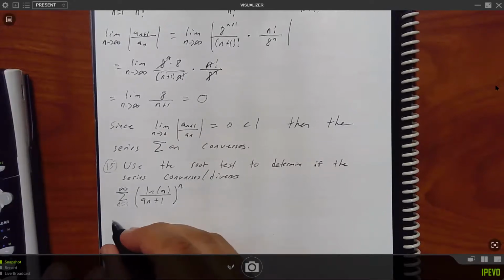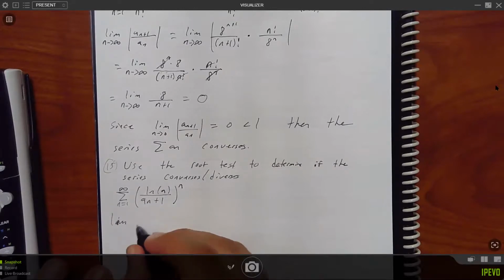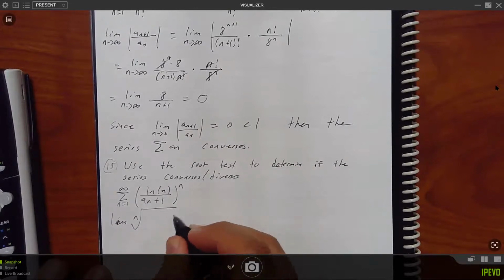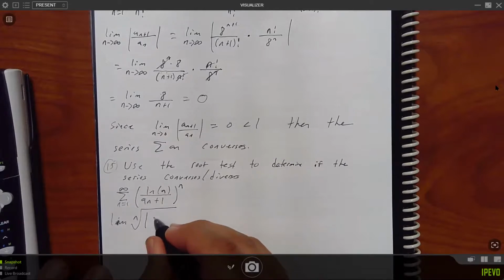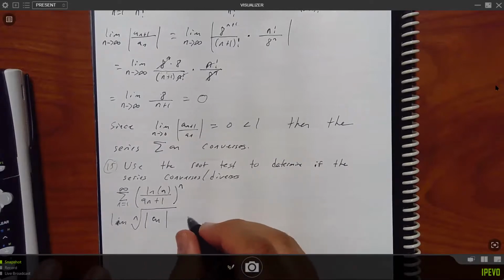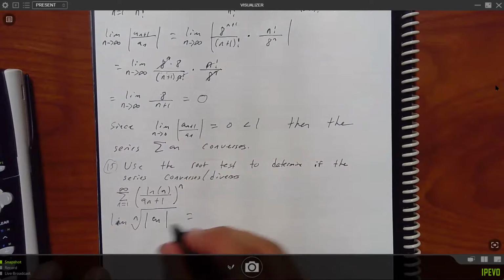So the limit of the nth root of the nth value of a sub n must be less than 1.